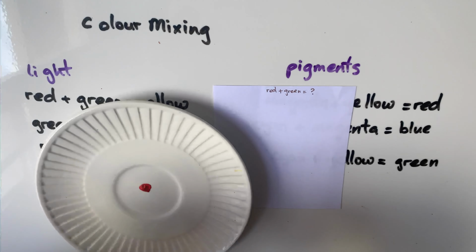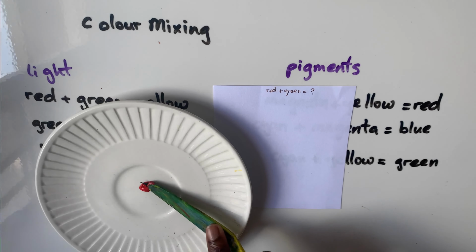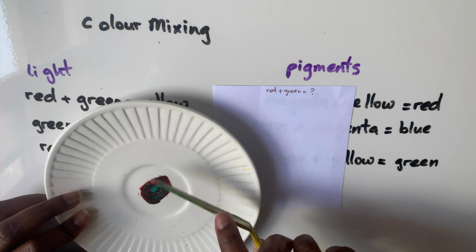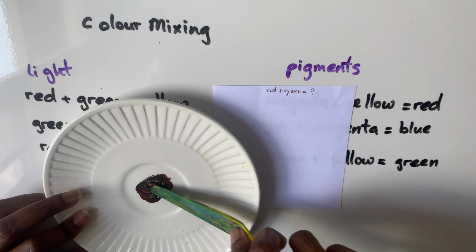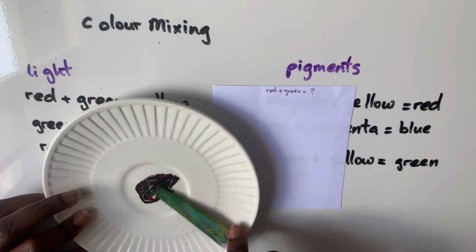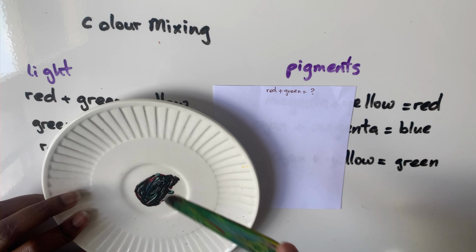And then, oh, this green is thick. This is what you get when you mix red and green. Yeah, it's a brown-ish kind of thing.